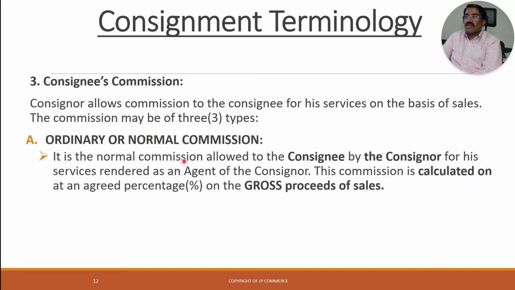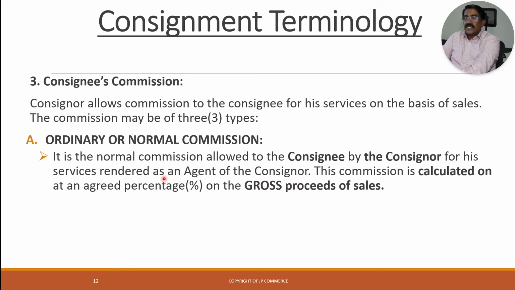A normal commission is allowed to the consignee by the consignor for his services rendered as an agent of the consignor. The commission is calculated generally at an agreed, fixed percentage between consignor and consignee on the gross proceeds of sales. This is an ordinary commission.